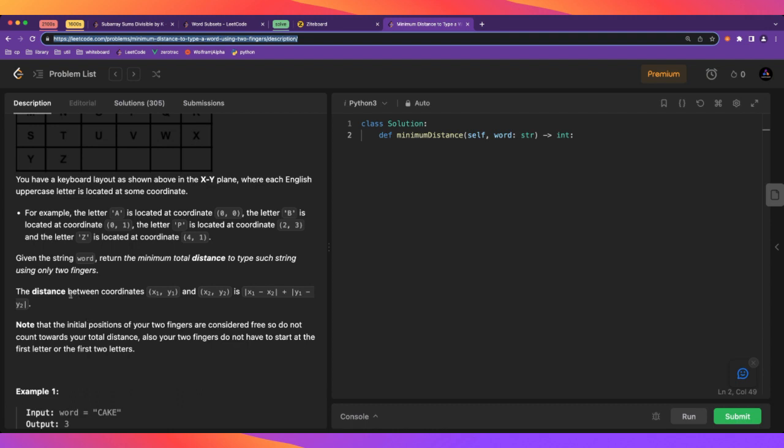And we're told that the distance between coordinates is this, which you don't have to know, but this is called the Manhattan distance. It is the absolute difference between each coordinate, adding them.